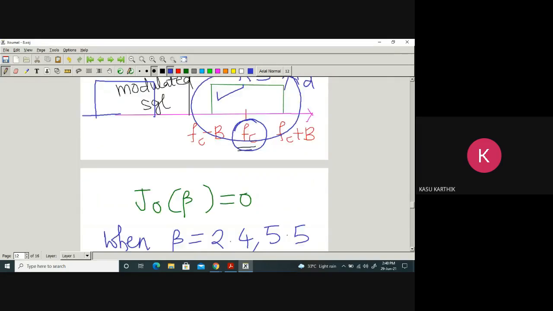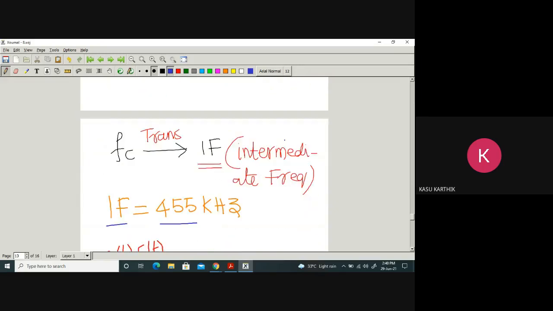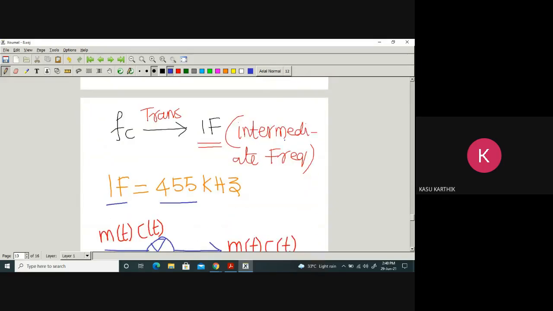So we change it to what frequency? The center frequency of the modulated signal is Fc. Again we are doing frequency translation. Now Fc will be translated to IF. What is IF? It is called intermediate frequency.